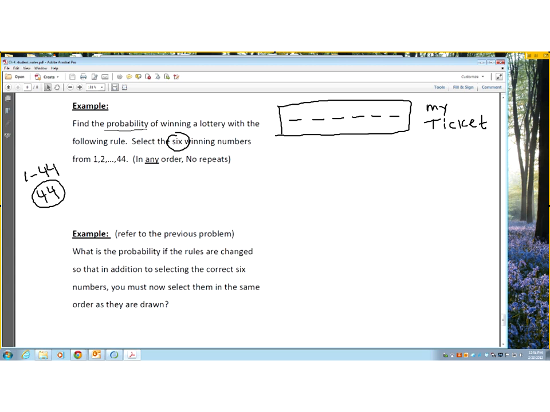Now, there are no repeats, so I can't select the number 1 twice. If I selected it once, that's it. I can't select it again. There are no repeats, and for permutations and combinations, that's one of the requirements. We cannot have repeats. It's all without replacement.